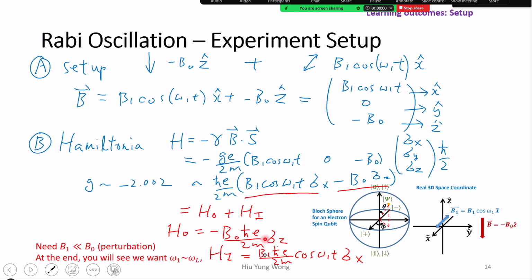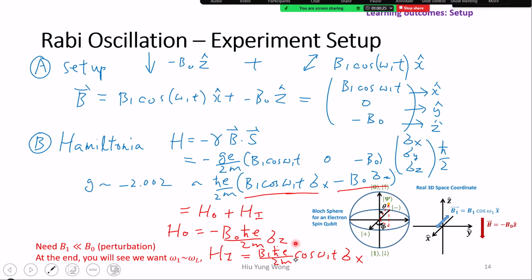This is due to what? It's clear, right? I have two components here. This is due to what? Yeah, due to this vertical DC magnetic field. If you don't have B0, this term will be gone.